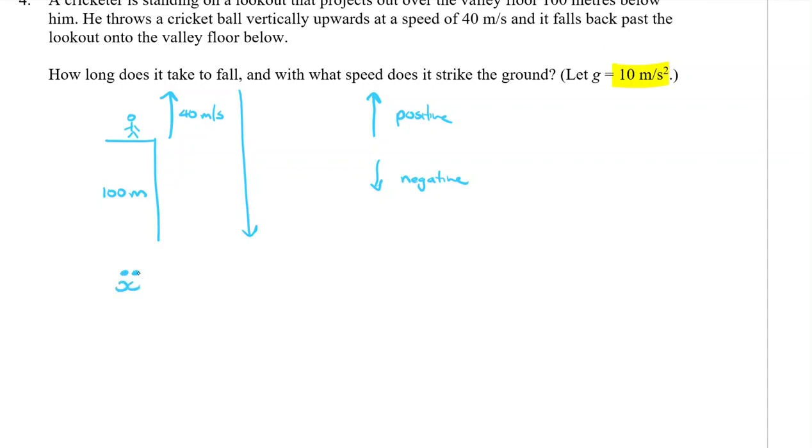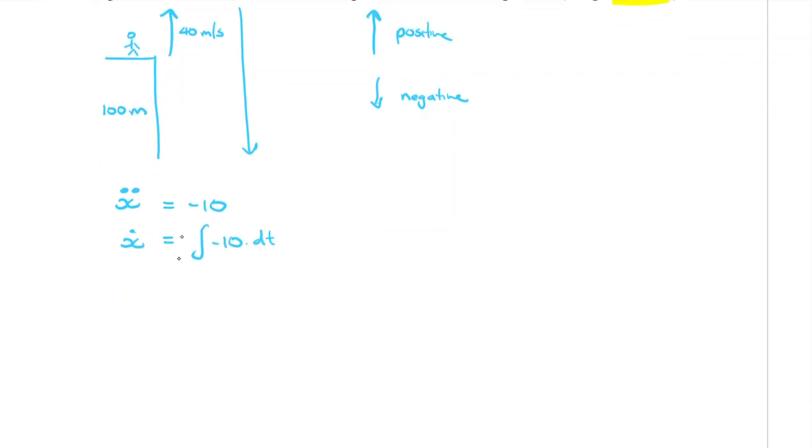So here's my acceleration is going to be equal to -10 going down. I am going to integrate that to find the velocity. Integrate with respect to time, which will give me what? -10t plus c.